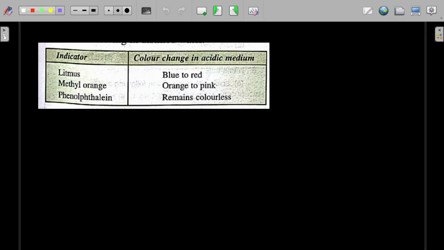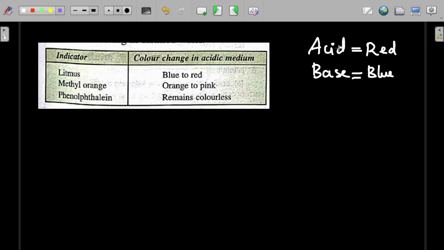Okay, the most important part next is about the indicators. Do not make mistakes here. Very simple questions will be there on this. If it comes for 2 to 3 marks, then it is a jackpot. So litmus: if you don't know how to remember this, remember acid is always red, base is always blue for litmus.